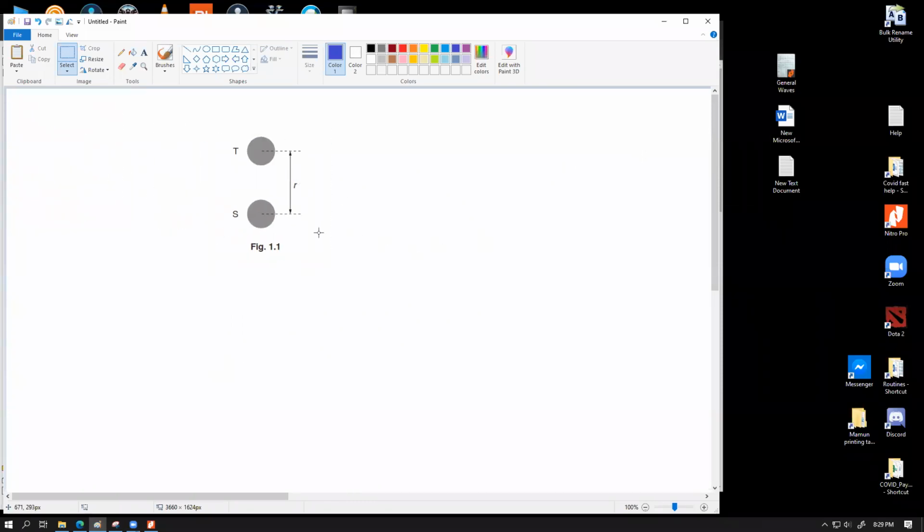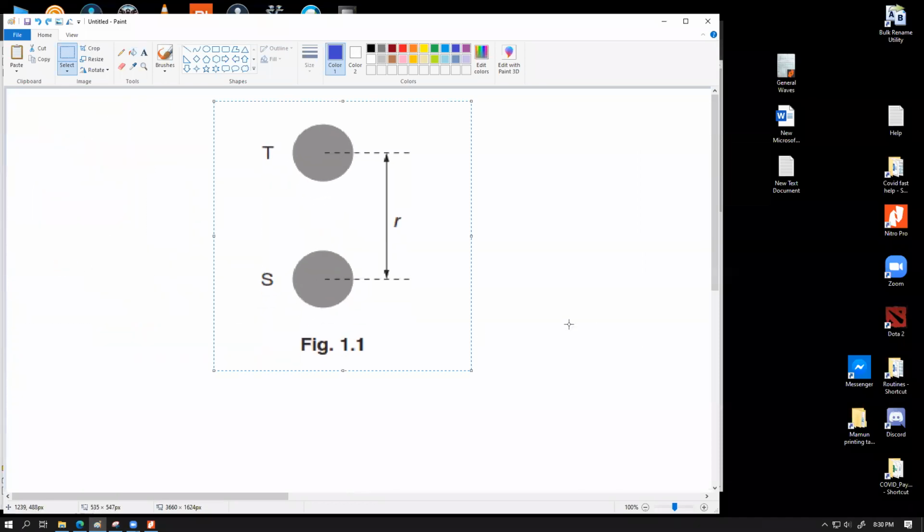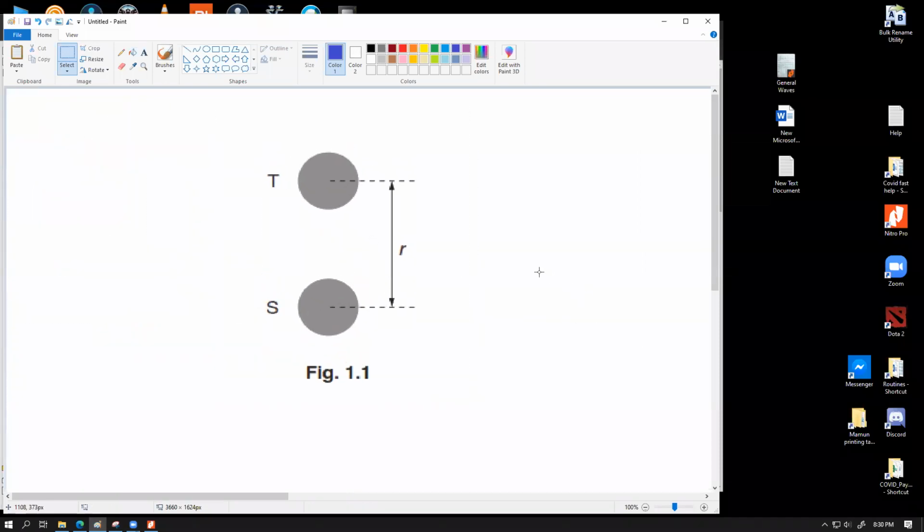So one of the things that we can do is... How would my apparatus setup look? I'm going to get rid of this figure 1.1.